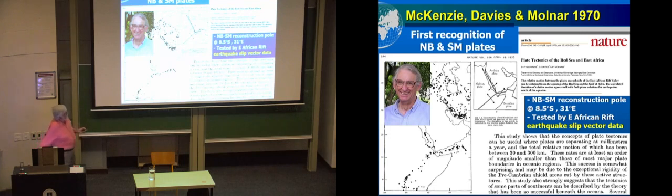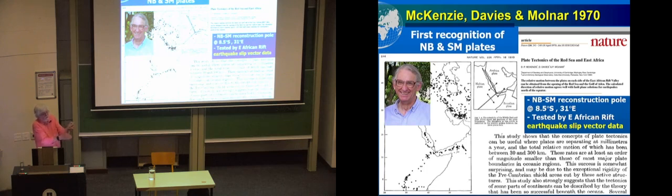The other important thing that he did in this paper was this: most of the work on early plate tectonics had been done off mid-ocean ridges, where you've got transform faults to give you direction, and magnetic anomalies to give you rates of spreading. You don't have that in a continental rift. But what you do have is earthquakes, and if you can solve for the mechanism of the earthquakes, you can obtain what we call an earthquake slip vector. If it's moving horizontally, the slip vector will be parallel to the fault.